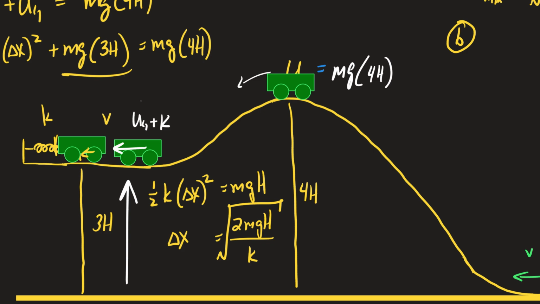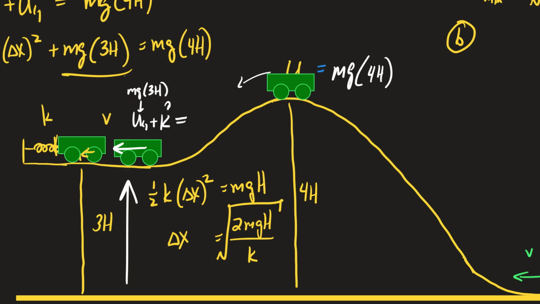We know that this, because of how high it is, has to be mg times 3h. But we don't know what this is. We're trying to figure that out. So in order for us to figure out how much kinetic energy it has, I need to compare this with another state of the problem, or compare it with the total amount of energy the car has.